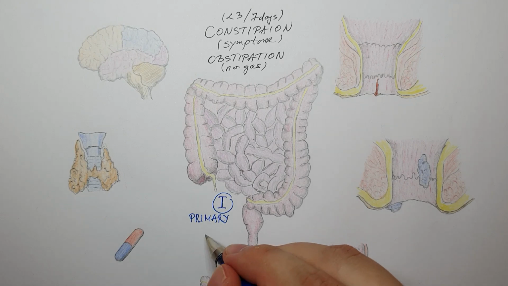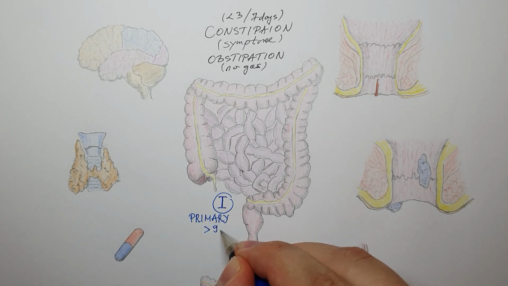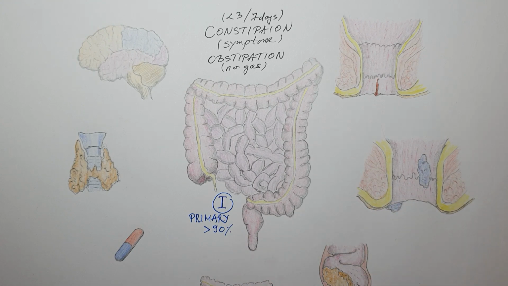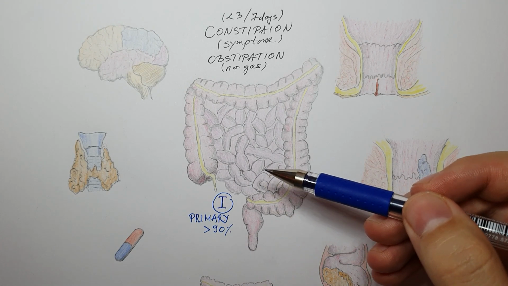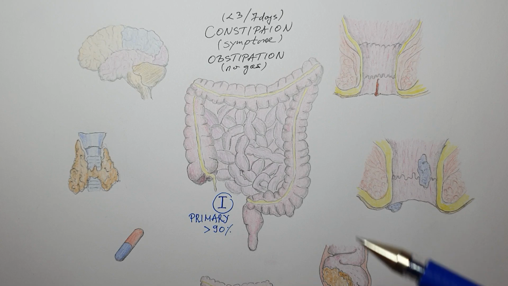More than 90% of the cases of constipation are actually this type of constipation. And that is good for us because this is easily solvable. Most cases of constipation are actually problems with the diet.